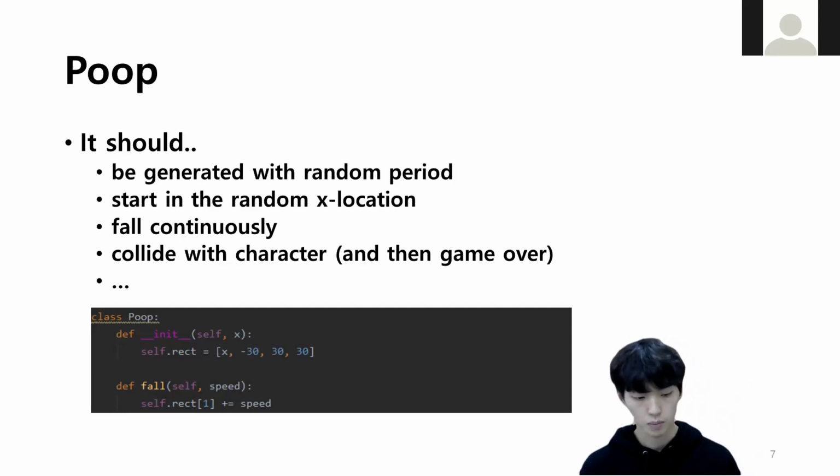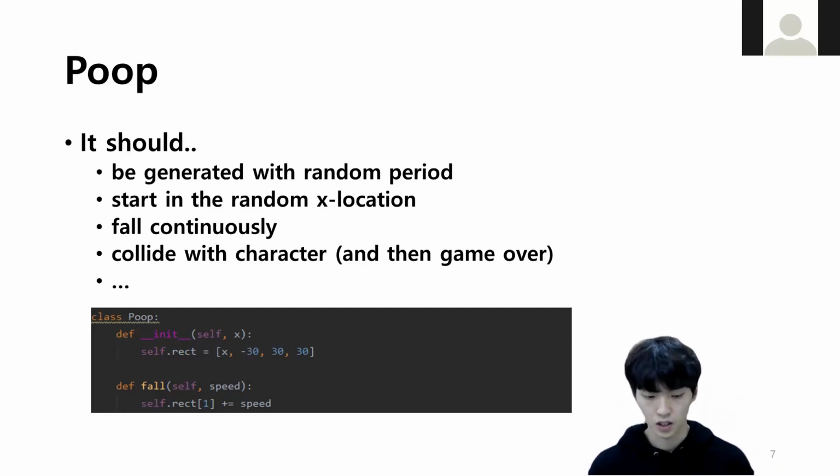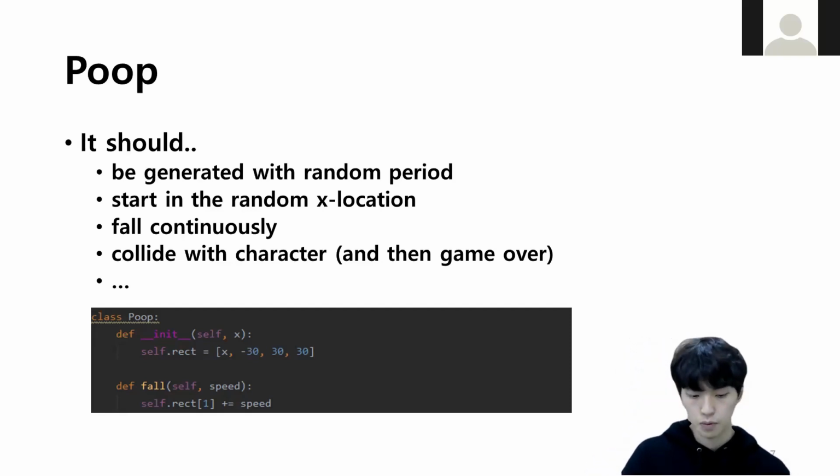Also, it falls continuously because of gravity until it drops to the ground, right? And then if the proof and the character collide with each other, the game will be over, right?